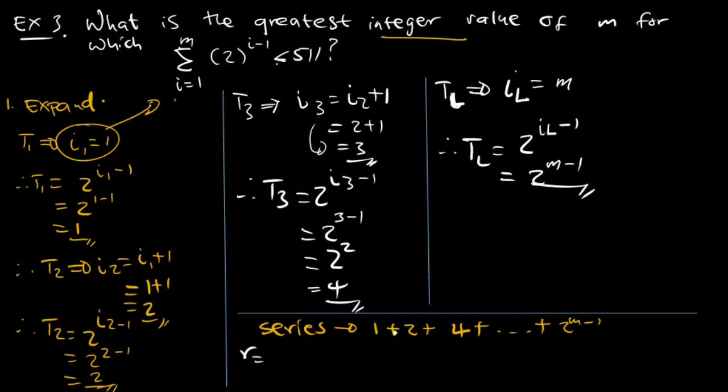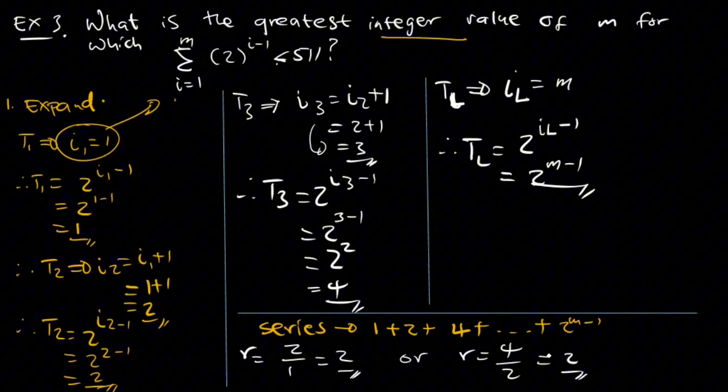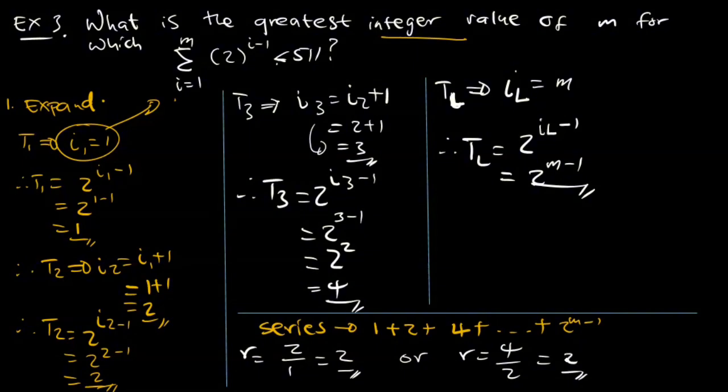So R is T2 over T1, which is 2 over 1, which is 2, or R is T3 over T2, which is 4 over 2, which is 2. I know the value of R, right? And I know the value of A. Okay, let's continue to the next slide.